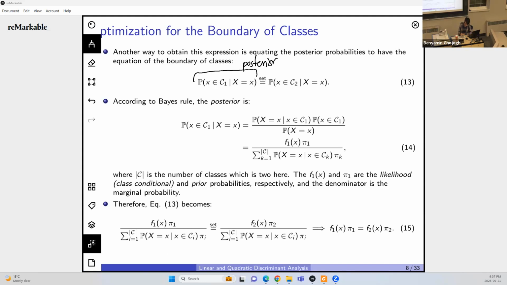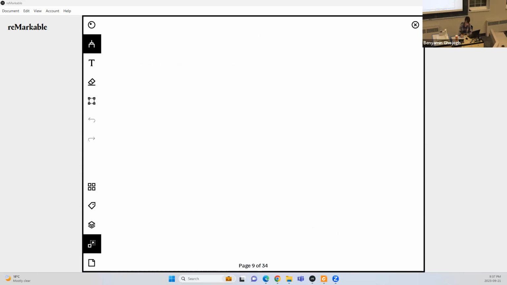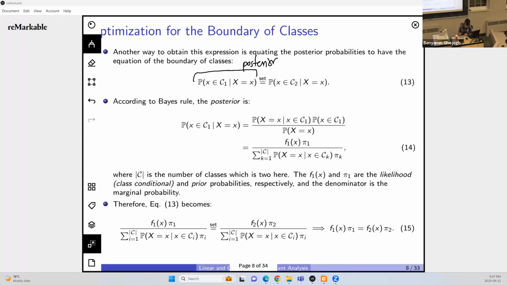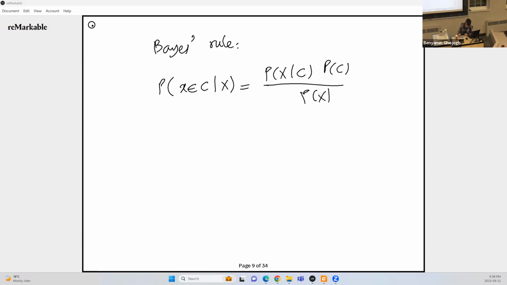So let me add a page. Recall preliminaries, Bayes rule. Probability of X belonging to a class given X is the probability of X given the class, right, times the probability of the class, over the probability of X. They call this likelihood or class conditional.